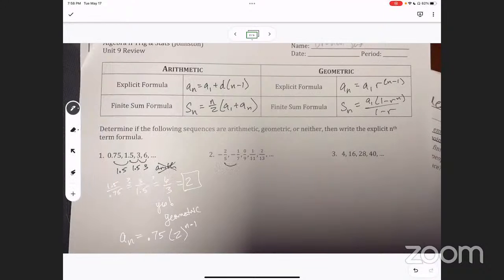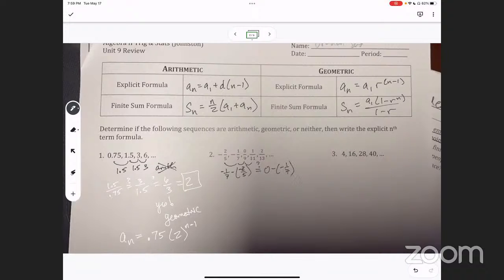compare, subtract, or add, right? No, subtract. What's the common difference? What's negative 2/5 subtracted from the next term, 0 minus negative 1/7?